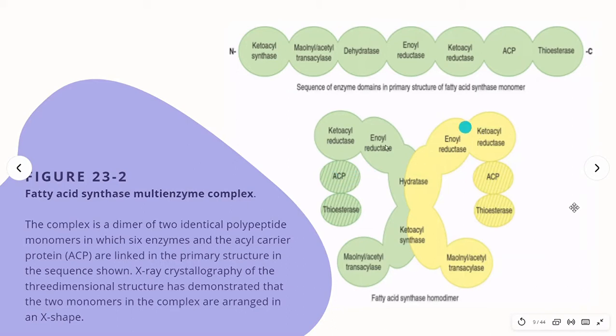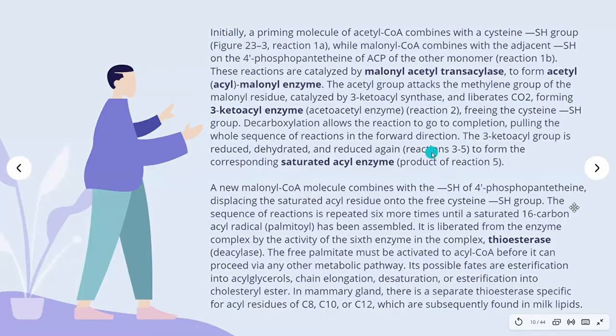So that's one there, and this is another here. So it is a dimer. So this one is only one, that's a monomer, and this one now is a dimer.